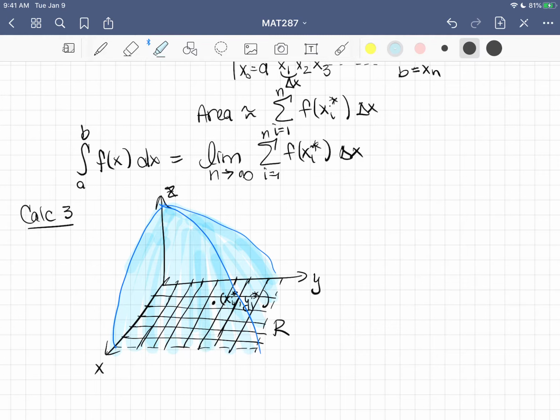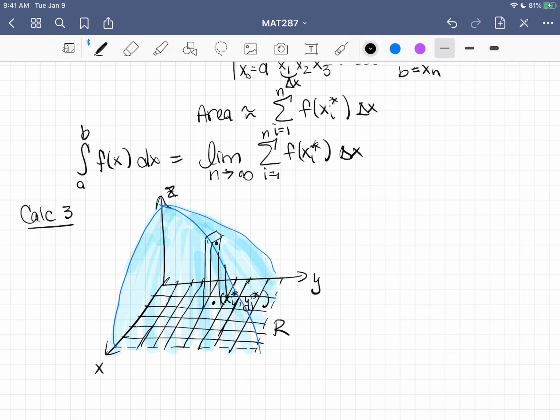And so now instead of drawing bars, I'm going to, let's use black, draw these 3D prisms coming up from each. So maybe here's where f of xi yj is.